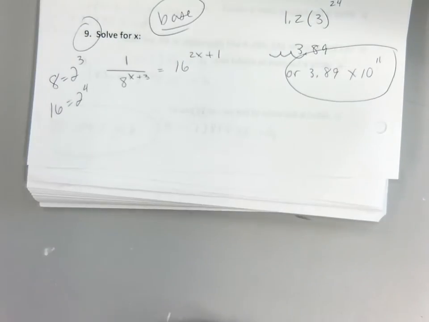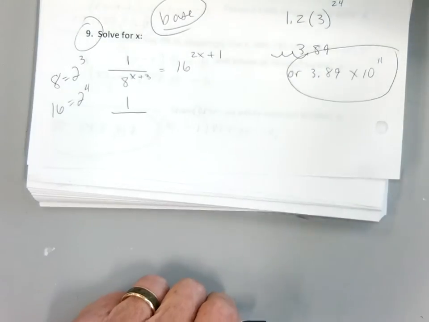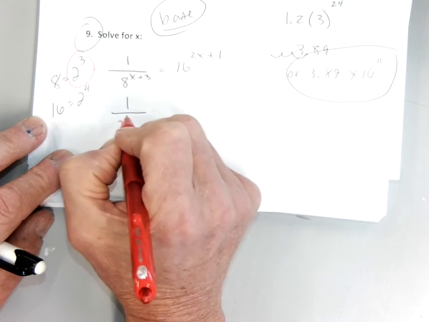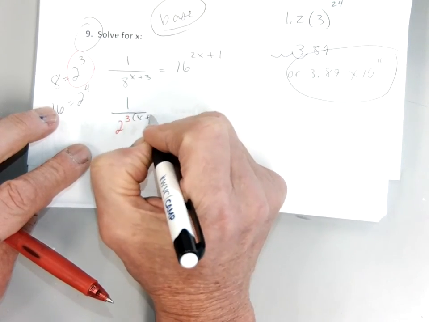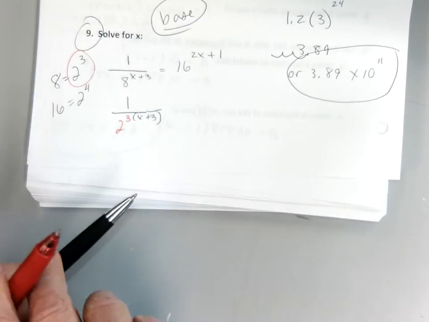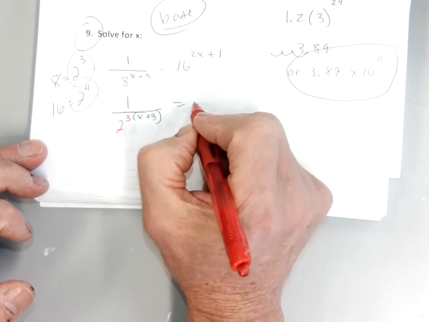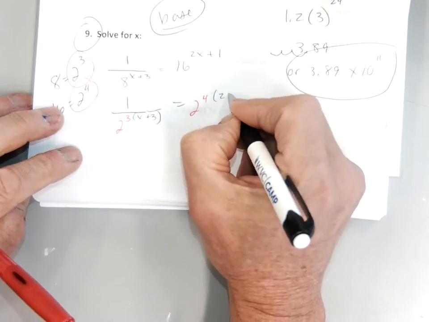Are we good on that? So let's do this: 1 over 2 cubed, to the x plus 3, equals 2 to the 4th times 2 to the x plus 1.